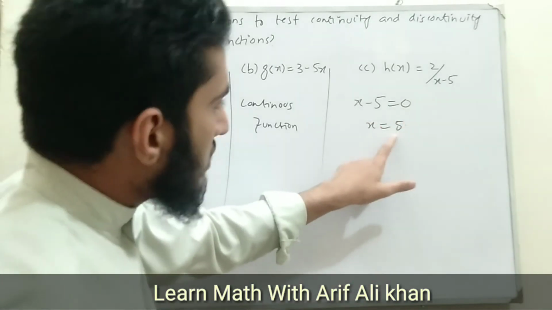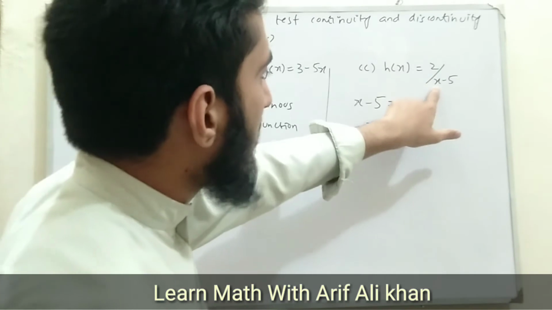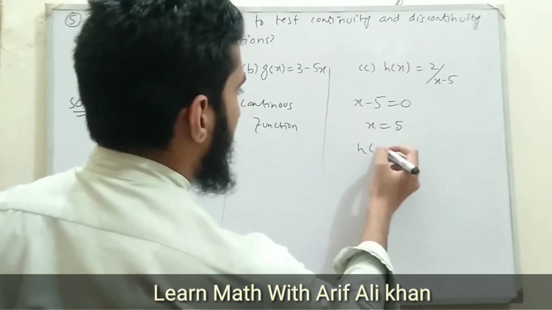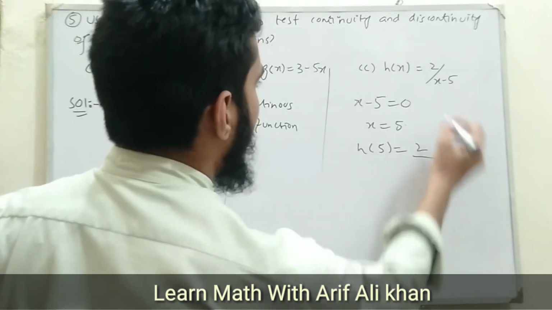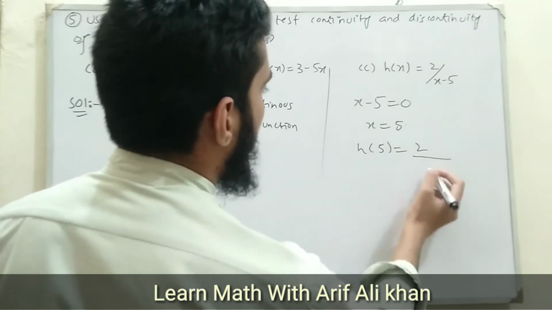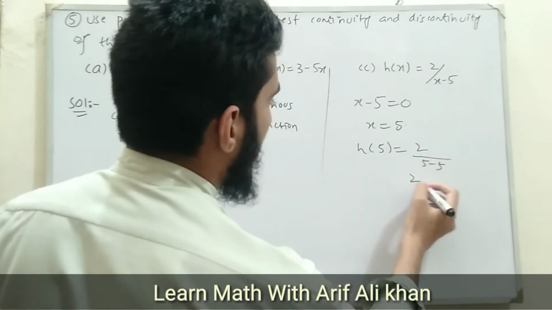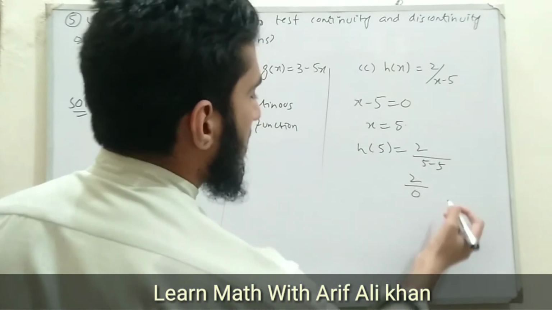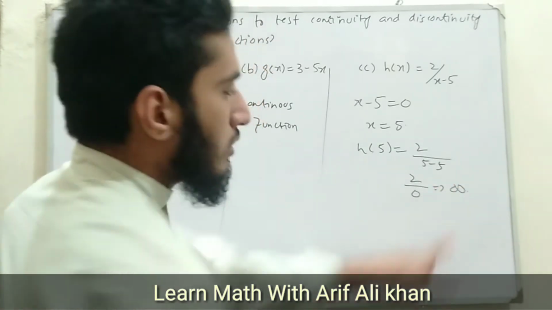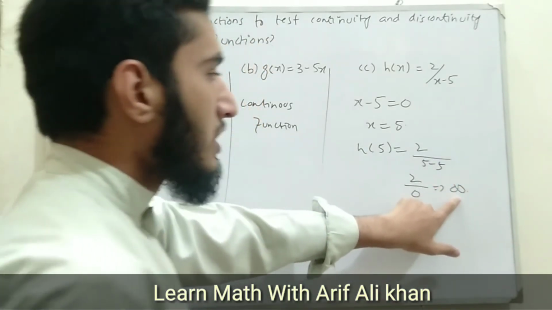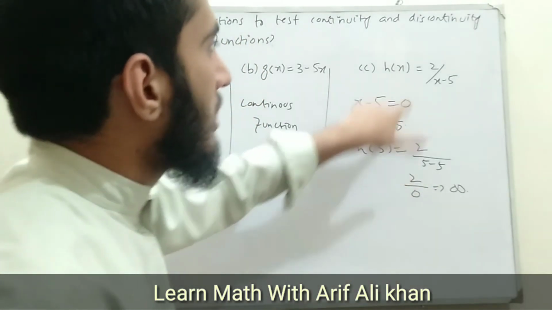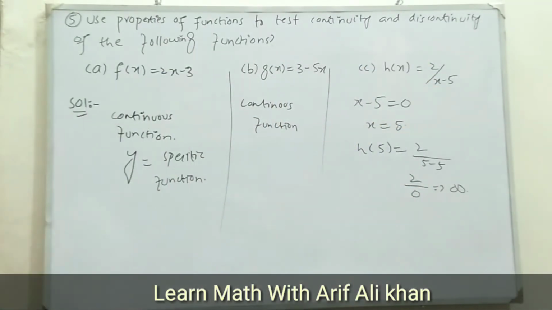If we put 5 into the function, h of 5 is equal to 2 divided by 5 minus 5, which gives us 2 divided by 0, and something divided by 0 gives us infinity. Infinity is not a real value. So that's why at x equal to 5, this function is discontinuous.